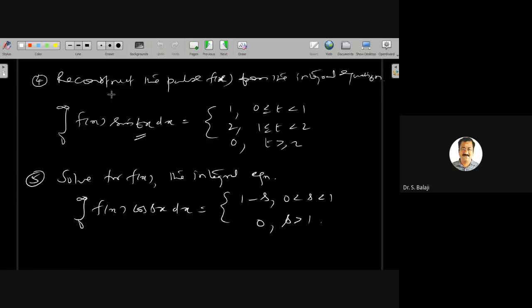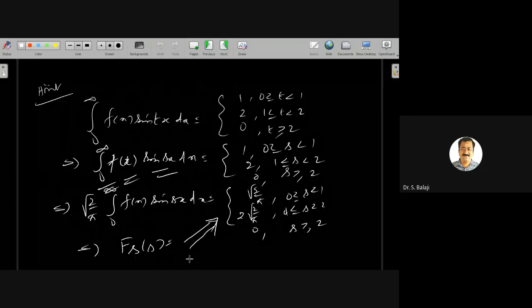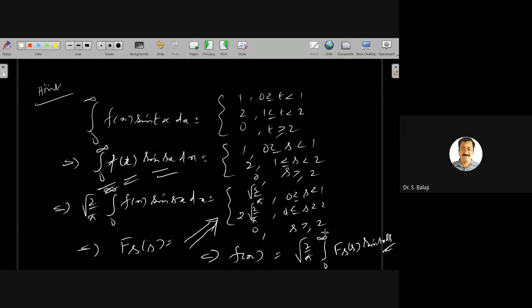The question is to reconstruct the pulse f of x. Therefore, you are going to identify f of x from this equation. If you want to identify f of x, you have to use the inverse Fourier sine transform, which is integral 0 to infinity Fs of s sin sx ds. Split 0 to infinity as 0 to 1, 1 to 2, and 2 to infinity.